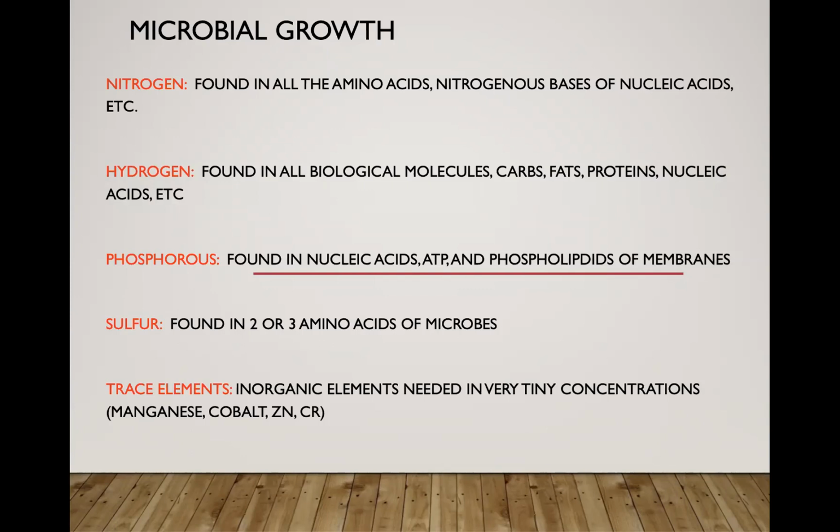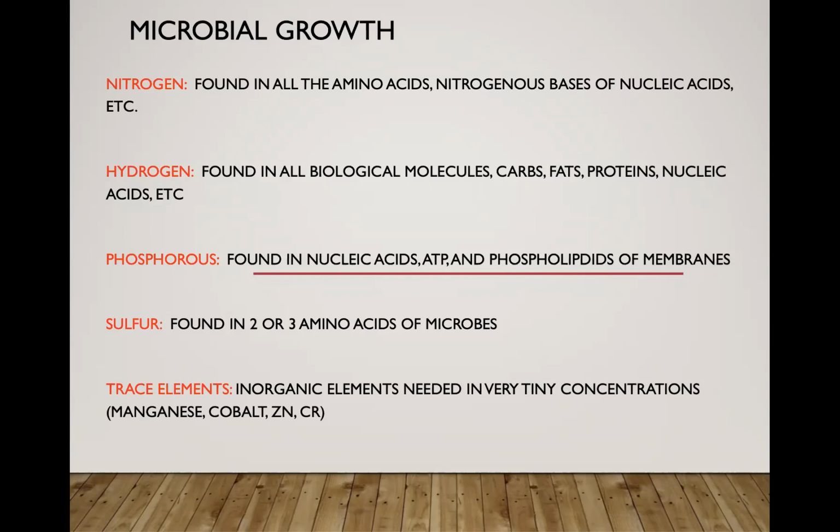Hydrogen is found in all biological molecules: carbohydrates, fats, proteins, nucleic acids, all of those biological molecules that you learned about in Biology 103 have hydrogen as one of their building blocks in those monomers.